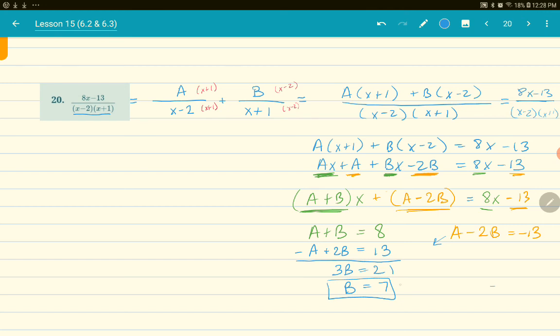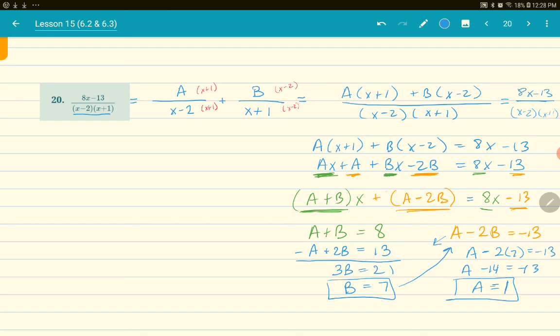And I can substitute that back into the other equation to get a minus 2 times b, which is 7, equals negative 13. So a minus 14 equals negative 13. So adding 14 to both sides, I get 1.